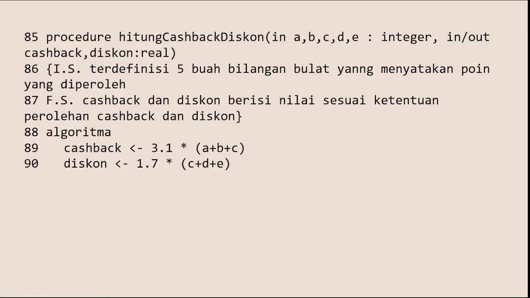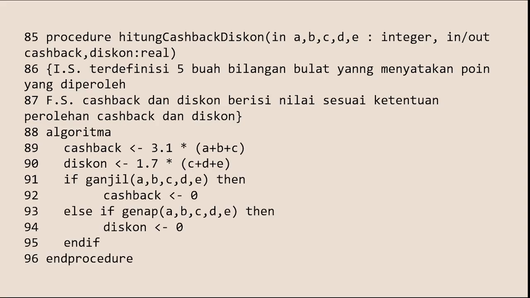Okay. After that, we are going to create a procedure that calculates the cashback and the discount. From the formula earlier, the cashback formula is 3.1 times the first 3 of the customer's points, and the discount is 1.7 times the last 3 of the customer's points.